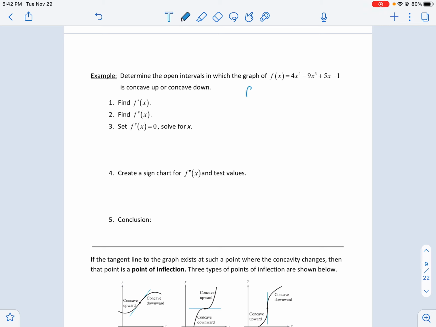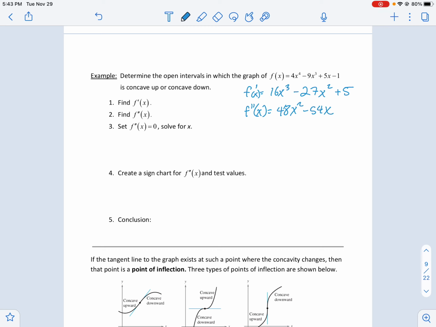So f prime is going to get us 16x cubed minus 27x squared plus 5. The derivative of that would be the second derivative, which would get us 48x squared minus 54x.